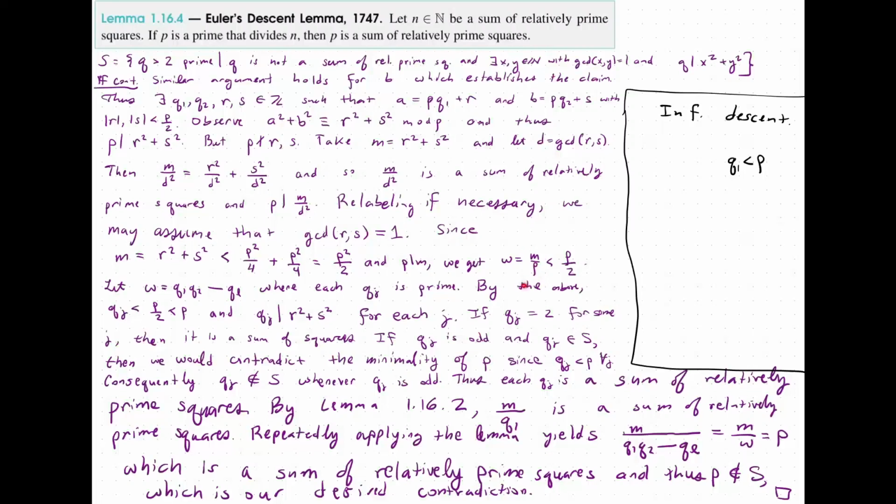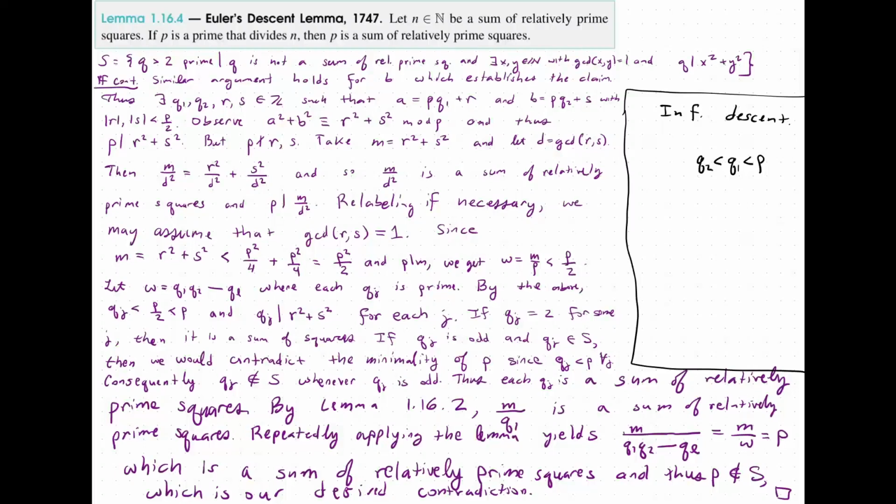And so we're going to come down to the step over here, and we're going to have M1 over Q1 is equal to some W1, and then we come to the lemma 1.16.2, and so because Q1 is not a sum of relatively prime squares, there must be a prime factor of M1 over Q1 that itself is not a sum of relatively prime squares. So let's go ahead and call that Q2.